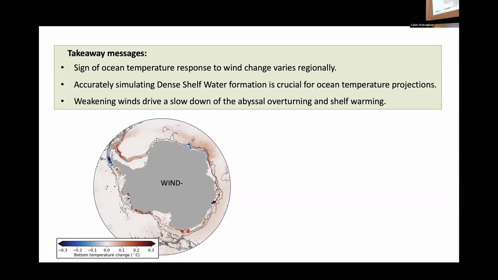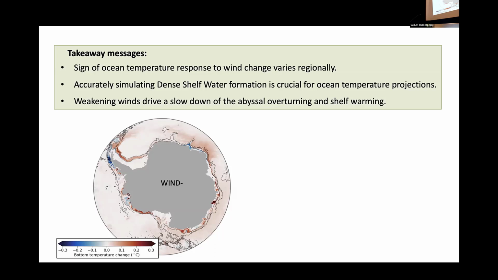So there's this local response downstream where we form dense water, where we get changes due to the overturning circulation, and the temperature response there can be very different to the large-scale temperature response around Antarctica. So this is an indication that we really need these large-scale models getting connectivity around the whole of Antarctica to get this temperature response right, as well as all the small-scale processes.